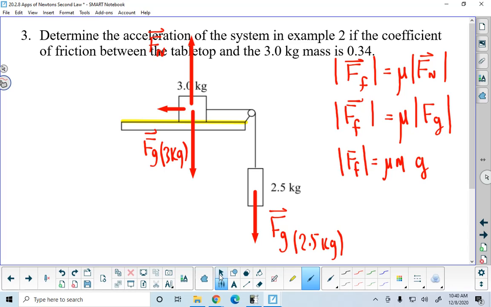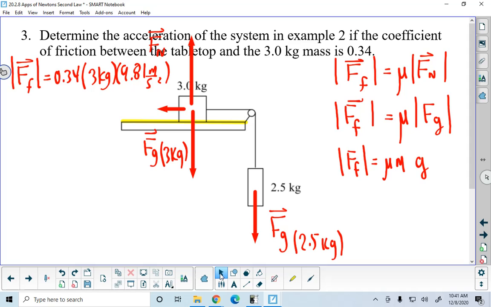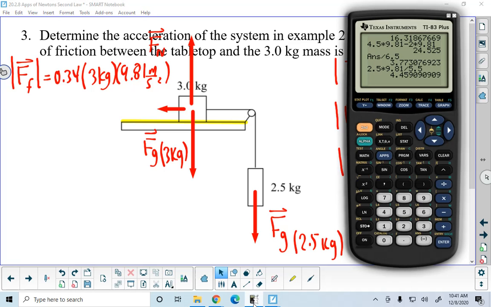I'm just going to move off to the left-hand side where I got a bit more room. The force of friction will have a magnitude of mu, which is 0.34, times the mass, which is 3 kilograms, times 9.81 meters per second squared. No cosine here because it's on a horizontal surface.